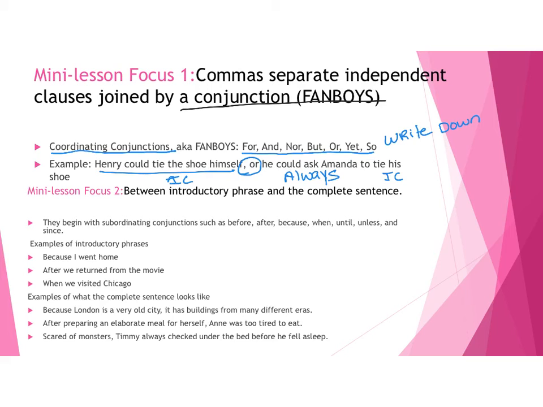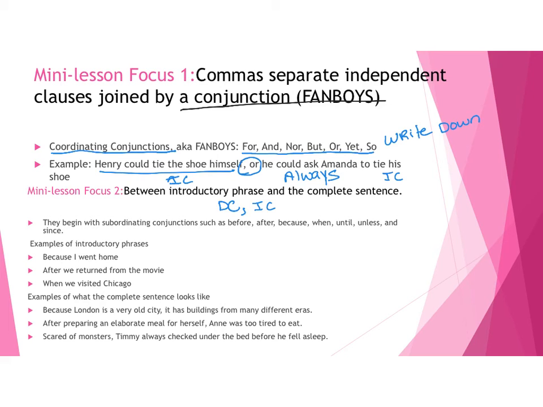The second focus of the mini lesson is commas with the introductory phrase in a complete sentence. Sometimes you begin a sentence with a fragment. This is called a dependent clause. Okay? And then you go into a complete sentence. When you do this, you're going to have a dependent clause, comma, and then an independent clause.